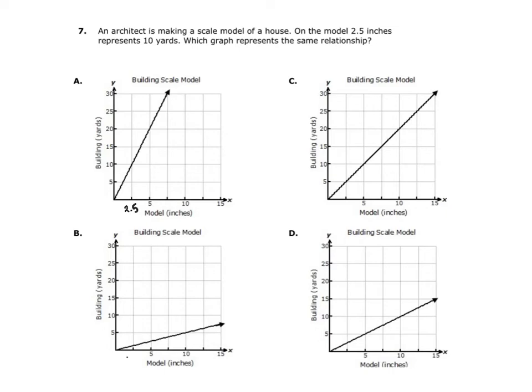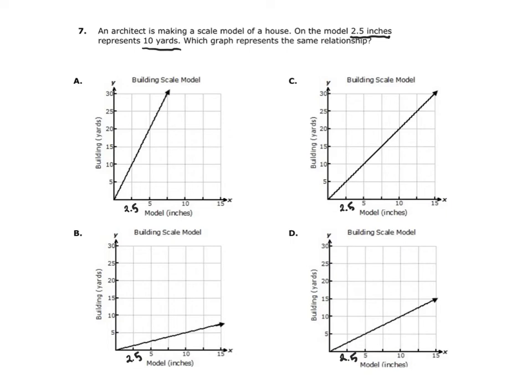It seems like every graph is the same. So I added the 2.5 to help me keep track. Now it says 2.5 is 10 yards. So our yards is on the left-hand side.